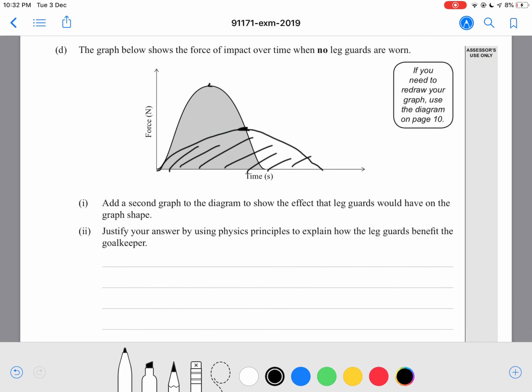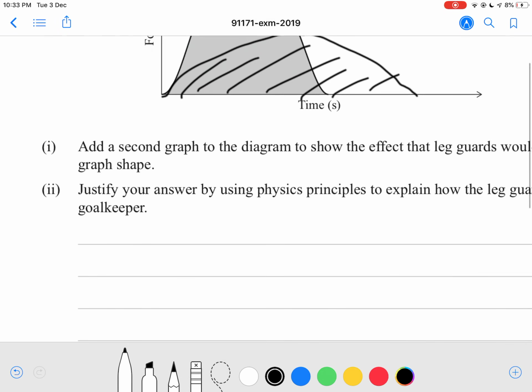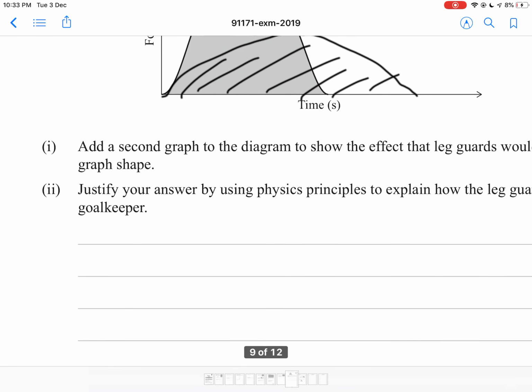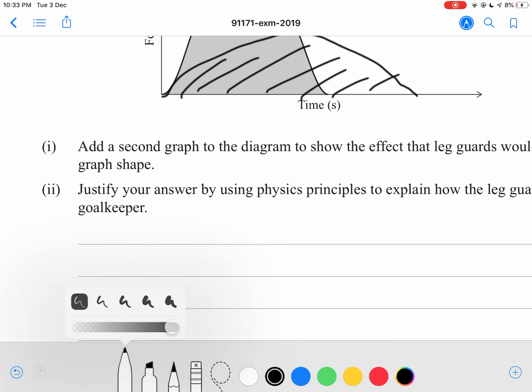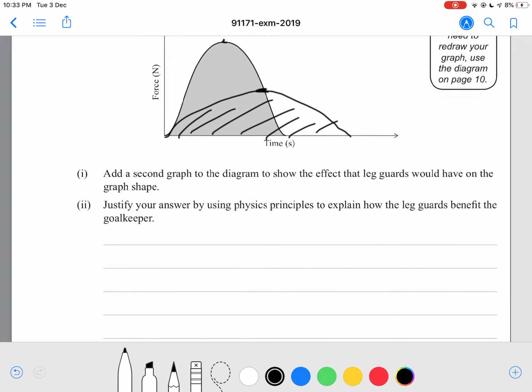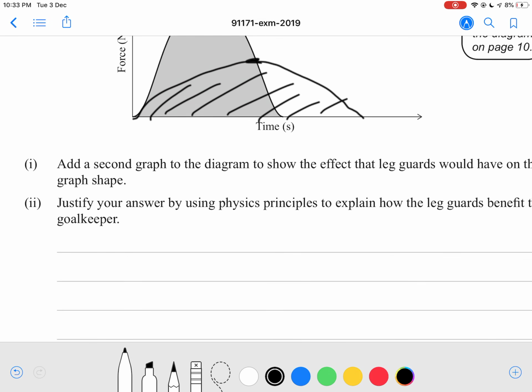Now, justify your answer using physics principles to explain how leg guards benefit the goalkeeper. Once again, this part 2 is a pretty standard question, so we have to relate it to P equals F times change in time. Our change in time increases, and we discuss how that affects force.